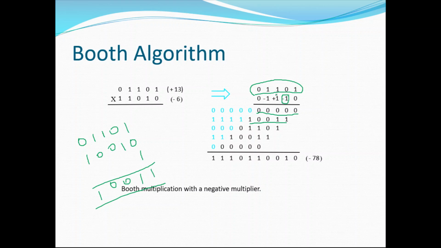Again there is a positive 1, so you will get the same thing, 0 1 1 0 1. Again there is a negative 1, so when you multiply you will get 1 0 0 1 1.